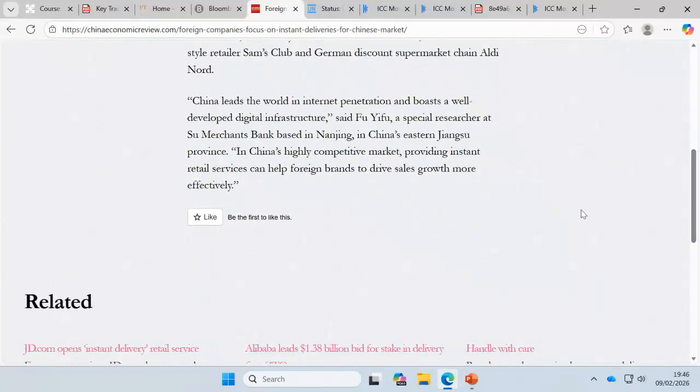China leads the world in internet penetration and boasts a well-developed digital infrastructure. And China's highly competitive market, providing instant retail services, can help foreign brands to drive sales growth more effectively.